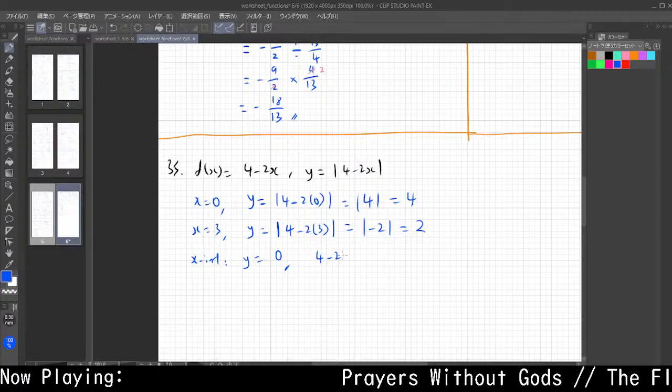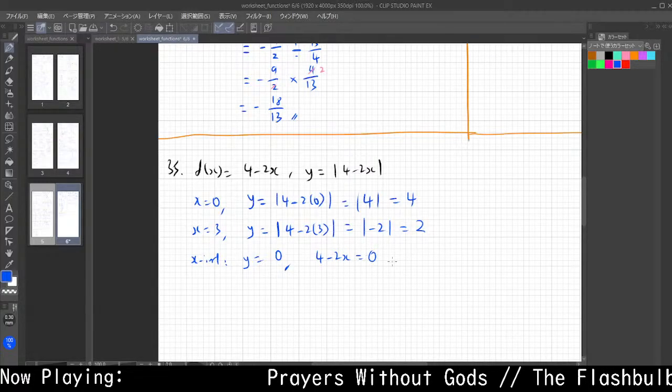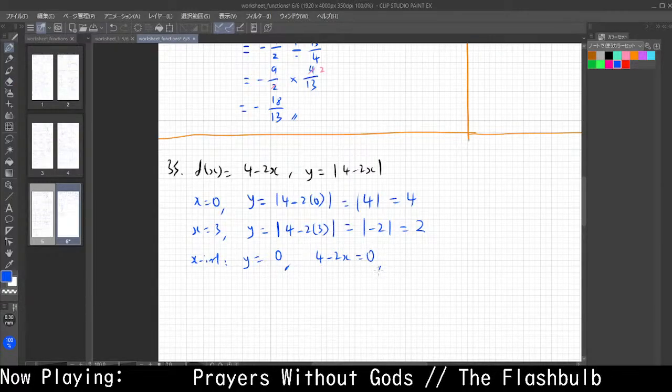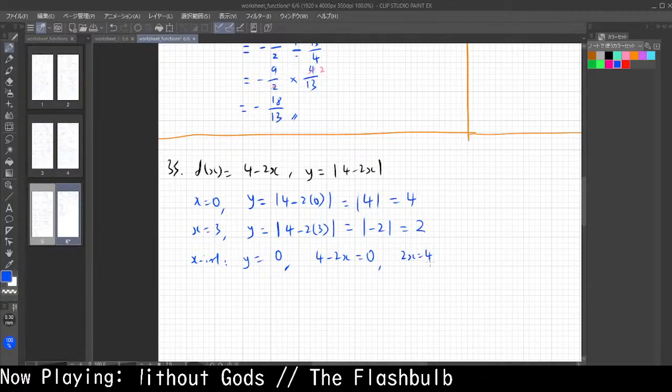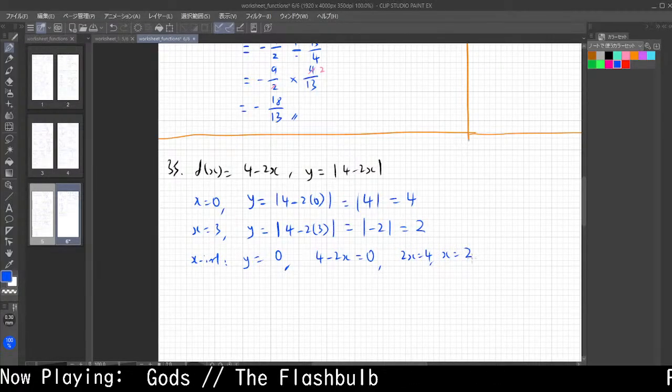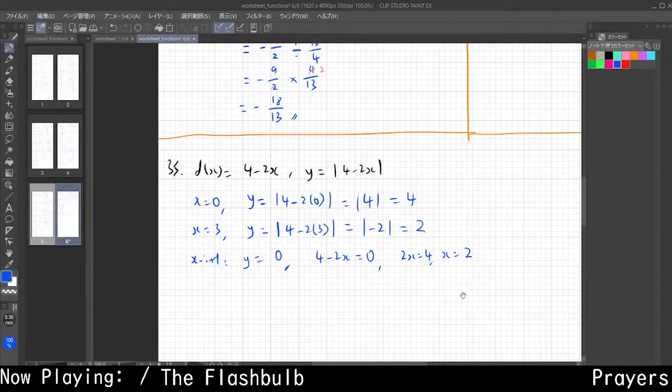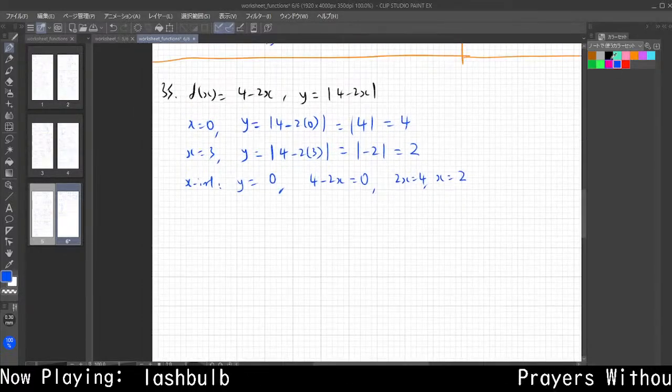So this will lead to 4 minus 2x being equal to 0. Then bring over the 2x. 2x equals 4. X equals 2. Okay, so we now have our x-intercept as well. This is question A, by the way.